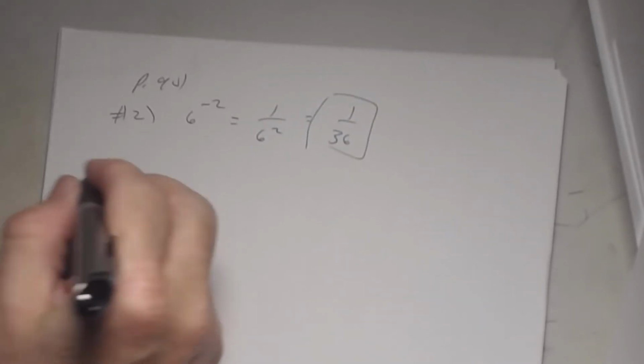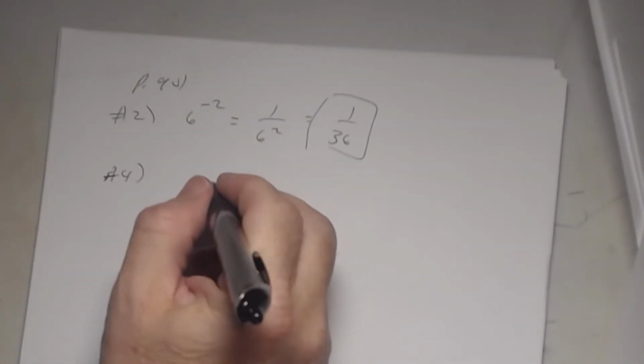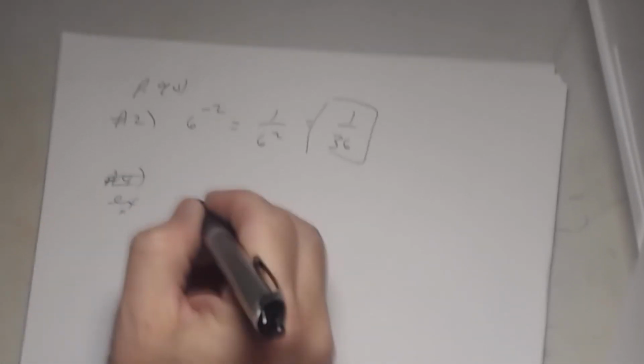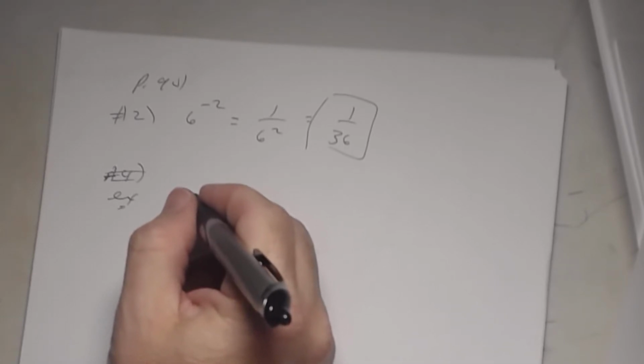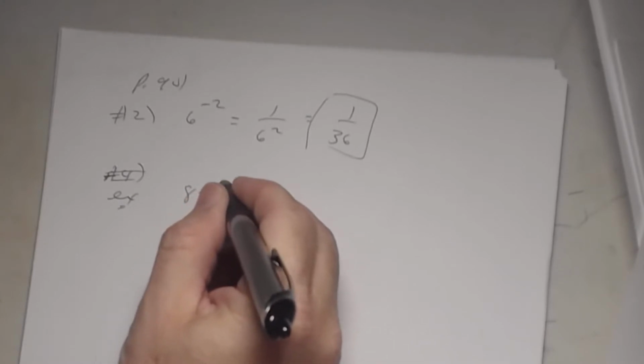Number 4. Well, before we do number 4, let's do this first. Let's write this example. Suppose the example is this. 8x to the negative 5th power.